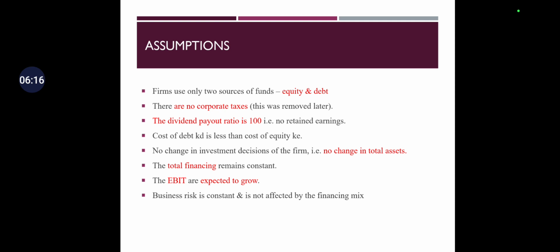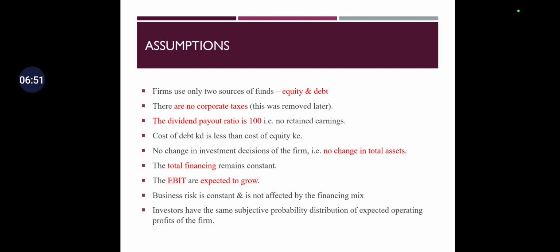Business risk is constant and it won't be affected by the financial mix. Of course, when we are doing the operation of a business, there is a business risk. We can't say that there is 0% risk. Risk is there, we have to meet it. And it won't affect your equity and debt proportions.